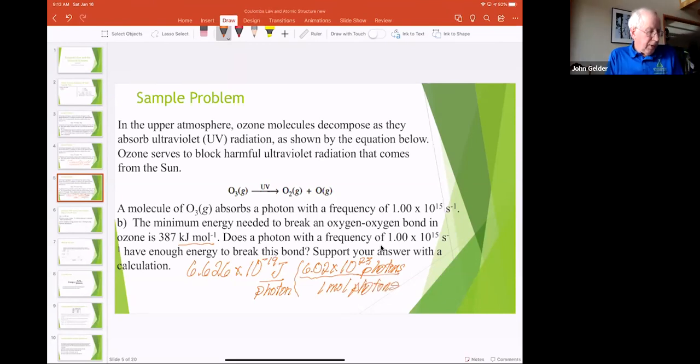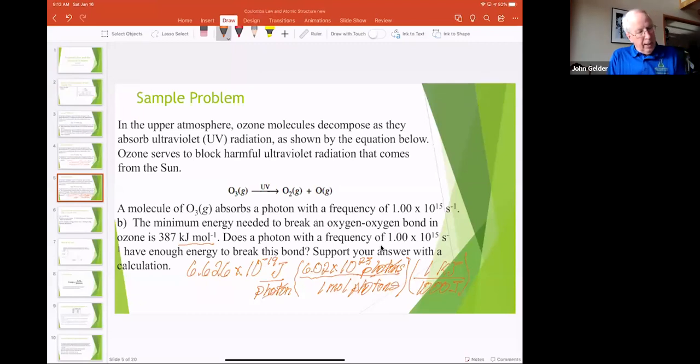Now my photons will cancel out. I'll get moles of photons and joules, and we're supposed to do this in kilojoules. And so, as I recall, 1,000 joules is 1 kilojoule.